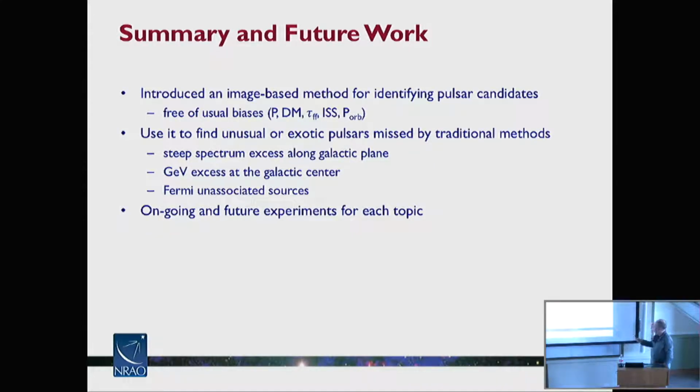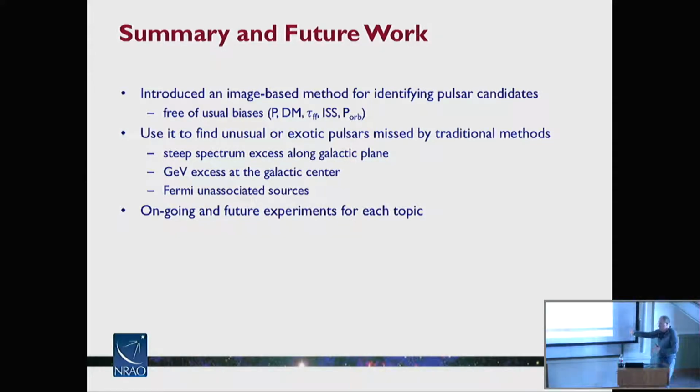Again, I told you I'm going to give you an idea talk, and this is basically a simple old idea that's 30 years old that Shri used to find the first millisecond pulsar. And it's free of all the usual biases. So our hope, and we're still working on it, is that we're going to use this technique to find really exotic pulsars missed by traditional techniques.